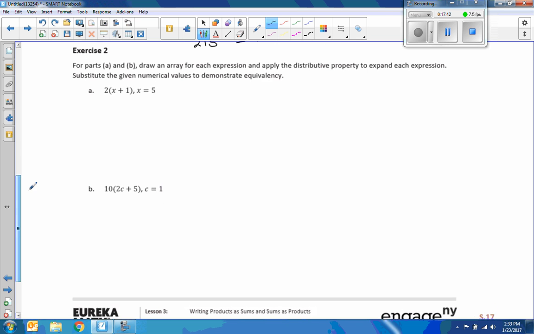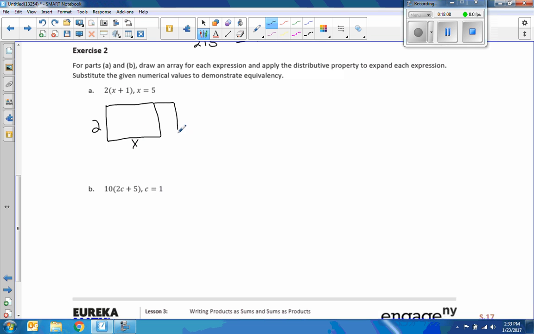Exercise 2. For parts A and B, draw an array for each expression and apply the distributive property to expand each expression. Substitute the given numerical value to demonstrate the equivalency. Okay, so the 2 would be our height, and then this would be x.